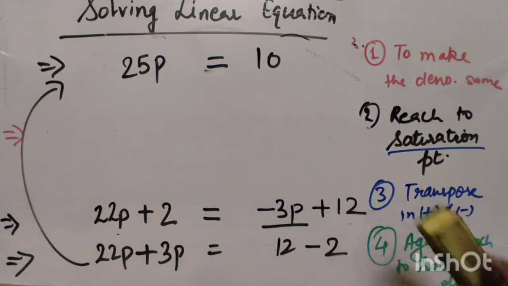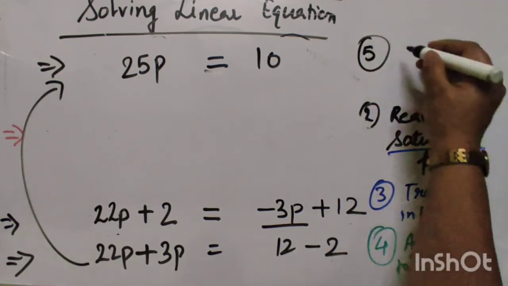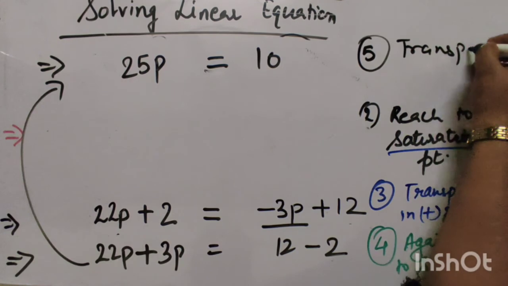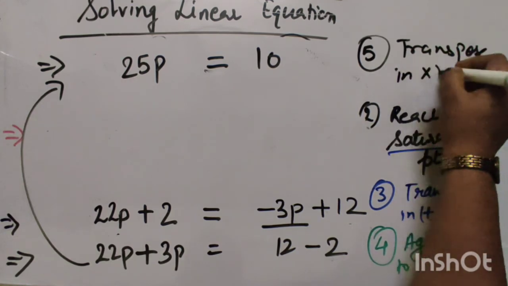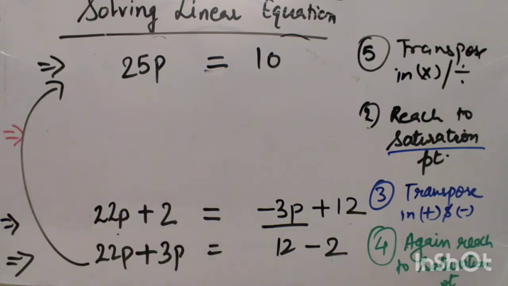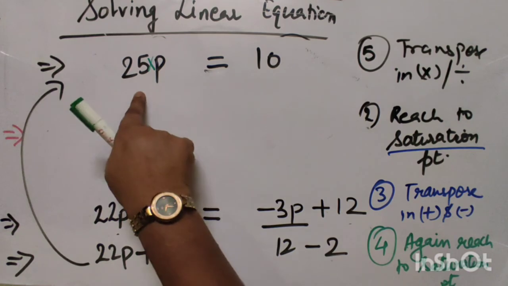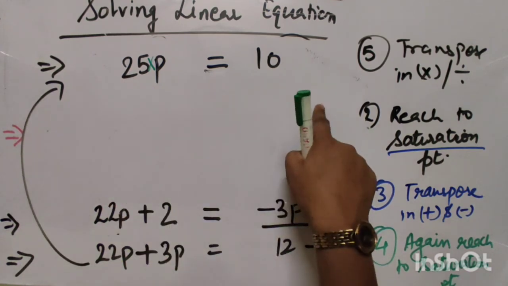The last step, step number 5, is to transpose in multiplication or division. Here 25 is getting multiplied with p, so if it is multiplied here, there it will get divided.